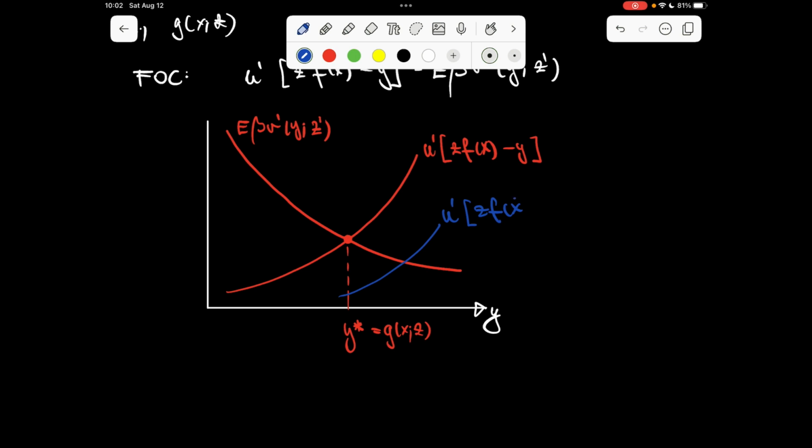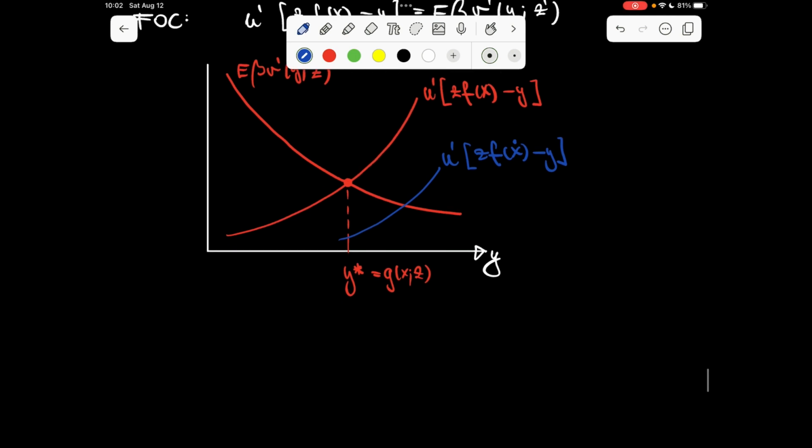So this is the higher x that shifts the left-hand side of the equation to the right, and you can see here we have a higher optimum choice.